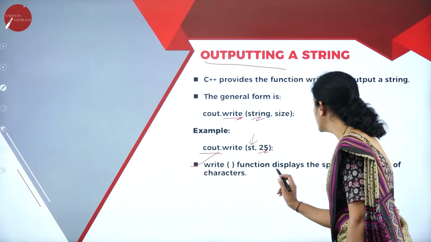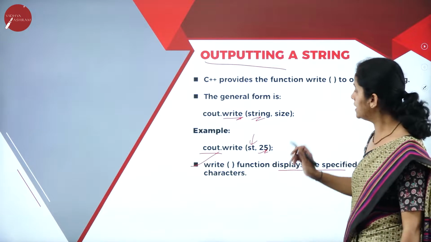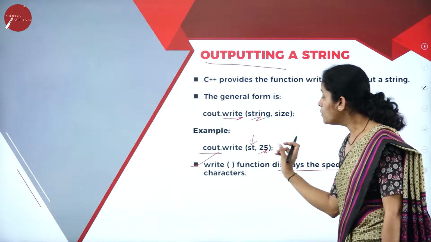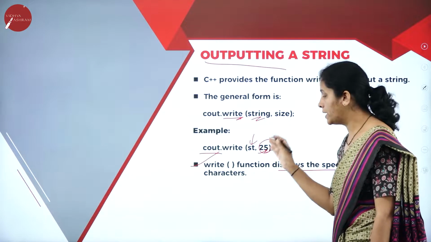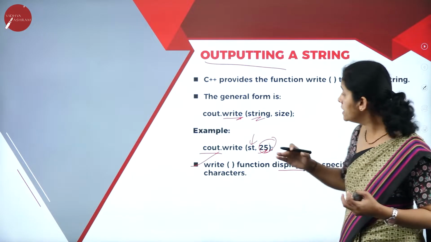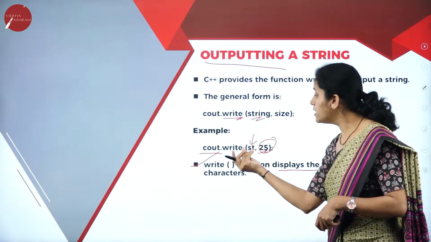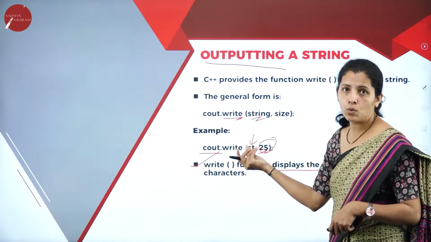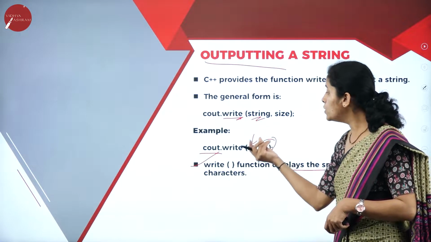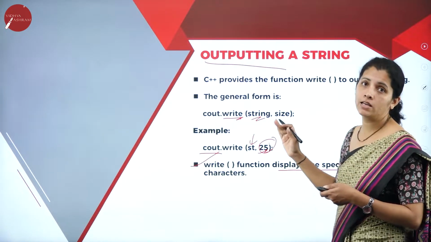The write function displays the specified number of characters. That means here I'm going to specify the length 25, so this function is going to display 25 characters. Whatever the write function I use in my program, it's going to display the characters based on the specified size.